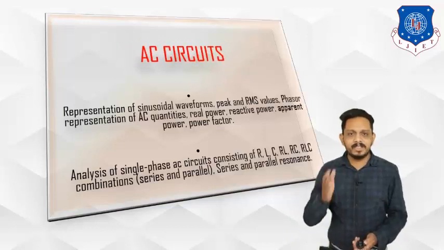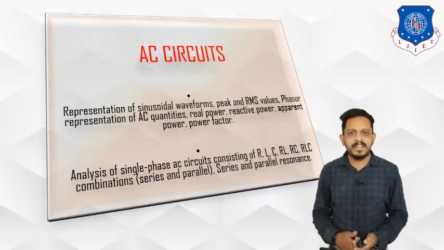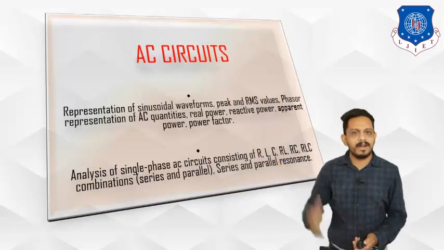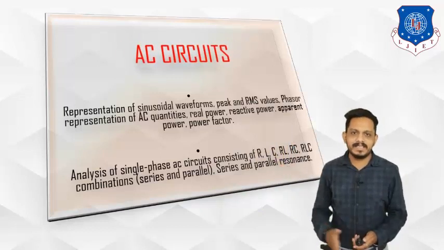And lastly, in this first part of the chapter we will study series and parallel resonance. So this was all about the contents of AC circuits part 1, that is single phase AC circuit.